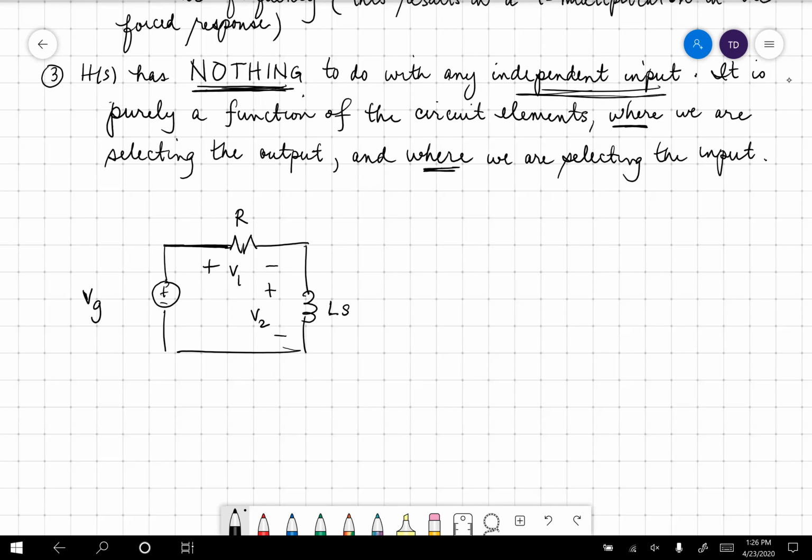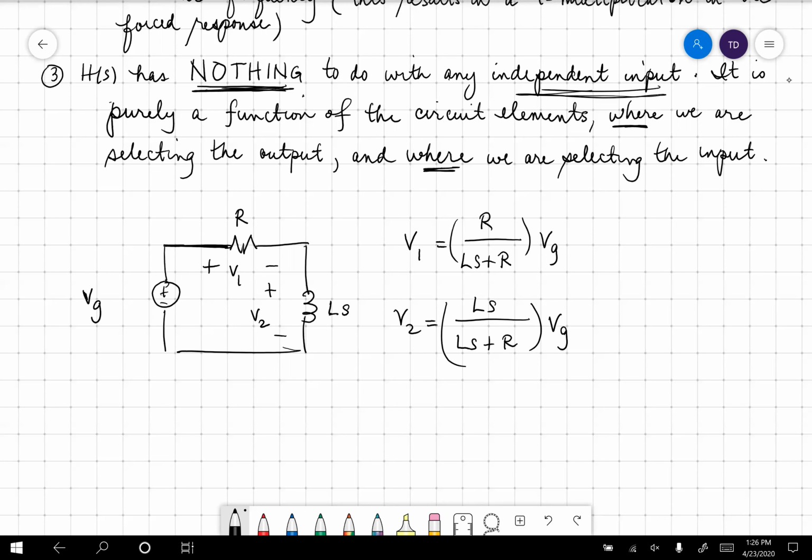So V1 by voltage divider is equal to R over LS plus R, all times VG. V2 is equal to LS divided by LS plus R, all times VG. Notice VG is a multiplier in every one of them.